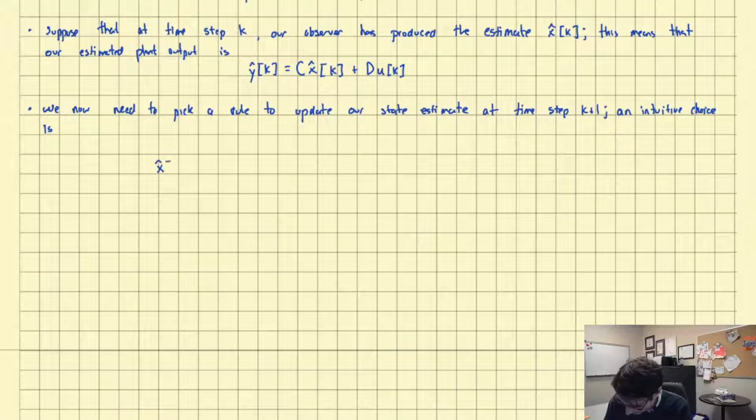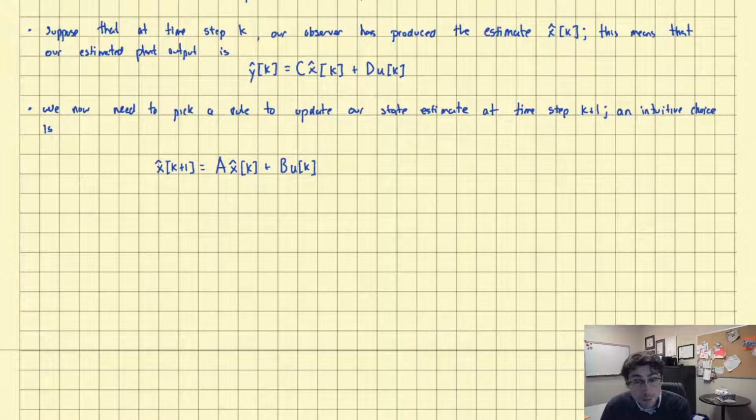At the next time step, what we'll do for our observer is, remember, we have the plant model. So what we'll do is we'll put a copy of the plant, but now written in terms of our estimate x hat.